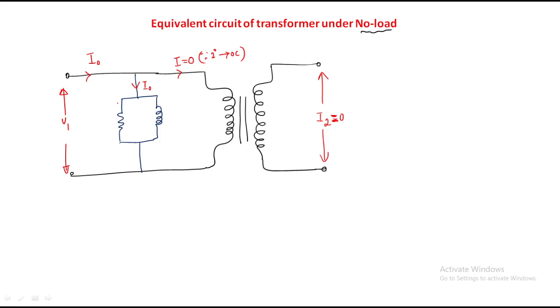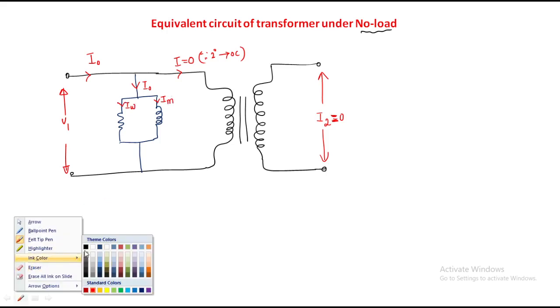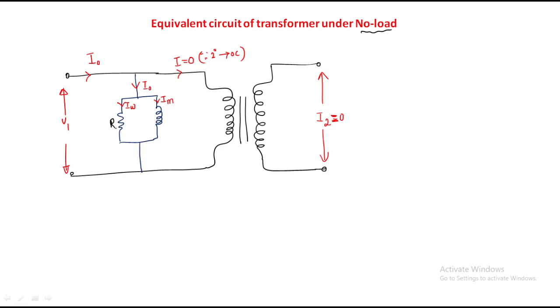Since the secondary is open circuited, I0 can be split into the wattful component and the magnetizing component, right? So this is the resistive branch R0, this is X0. This is I0. This is the equivalent circuit of a transformer under no load condition. This is E1, this is E2, this is N1.